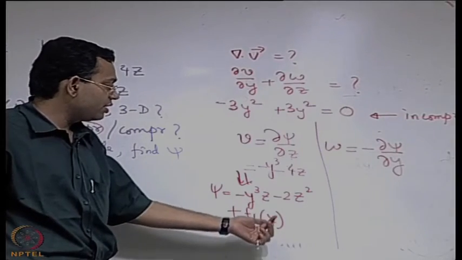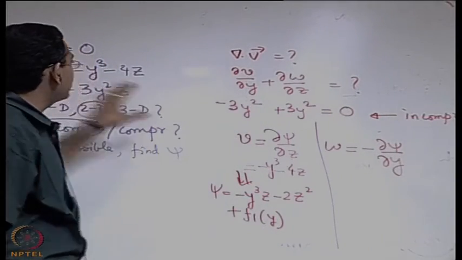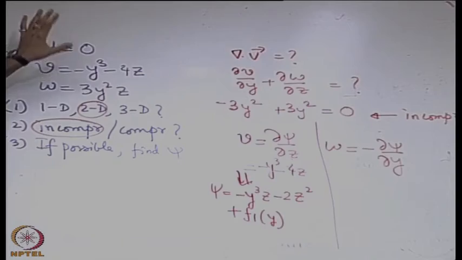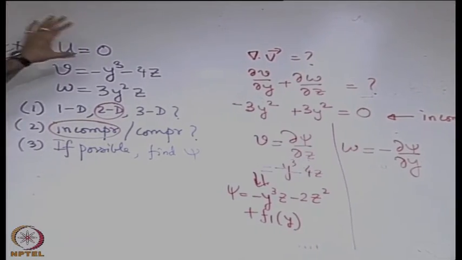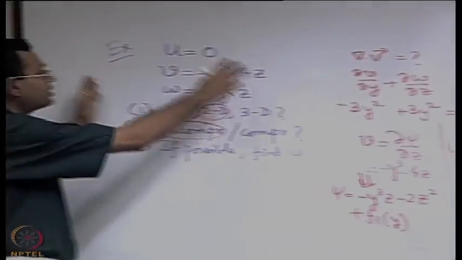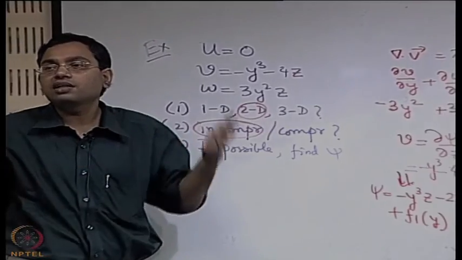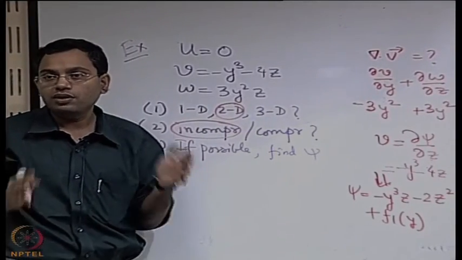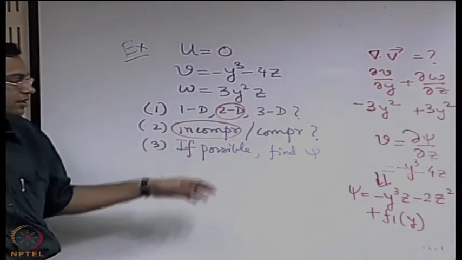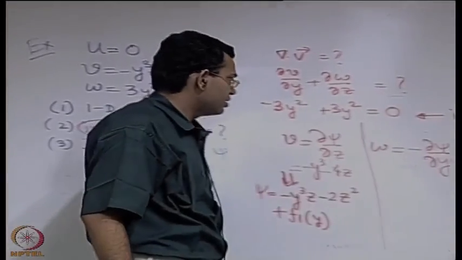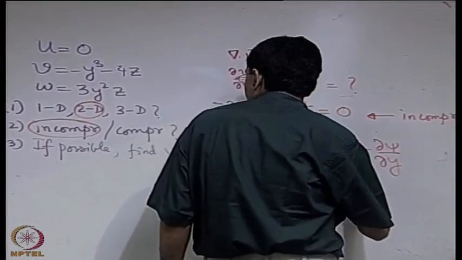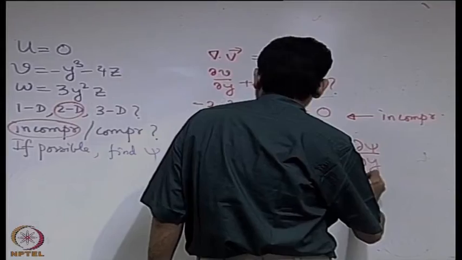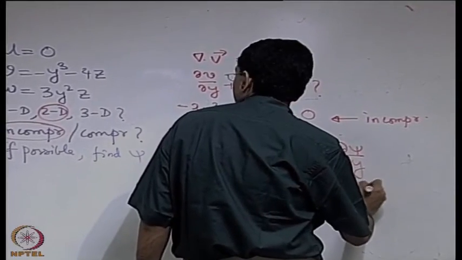It cannot be a function of x here because there is no dependence on x. I mean x is just like, it's a flow taking place in the yz plane. So where does the dependence on x come? So you have to understand it physically. Then next here, so that is minus 3y square z.